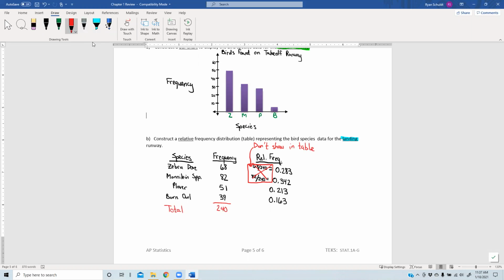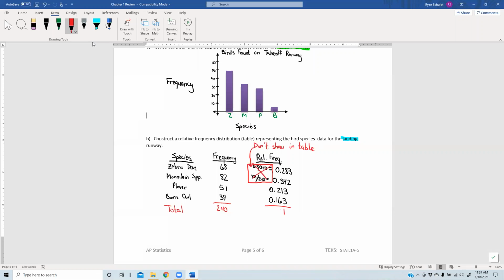These are the calculations you do, but I don't want it as part of the table. Hopefully that makes sense. To check your work, you can go through here and add everything up.